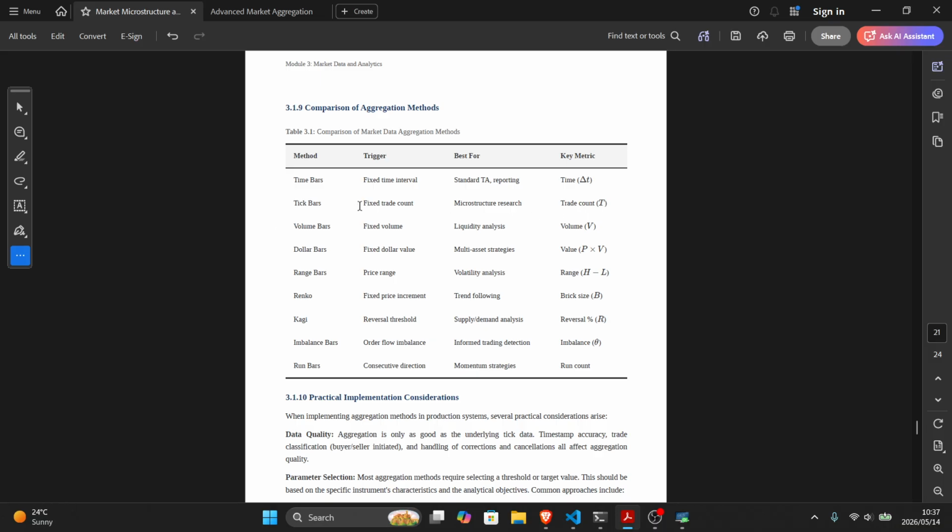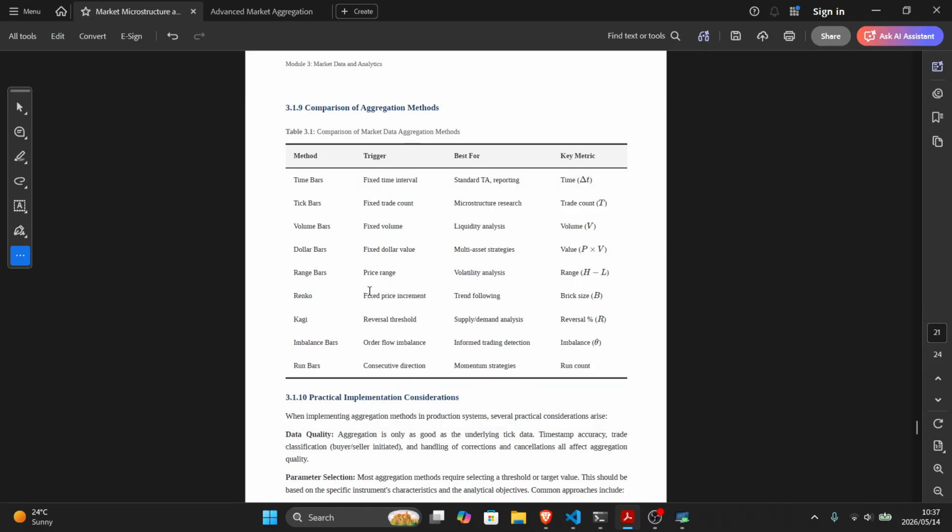Volume bars are triggered by a fixed volume, best for liquidity analysis, and their key metric is volume. Dollar bars are triggered by a fixed dollar value, best for multi-asset strategies, and their key metric is value, i.e. price times volume. Range bars are triggered by a price range, best for volatility analysis, and their key metric is range, or H minus L, or high minus low.